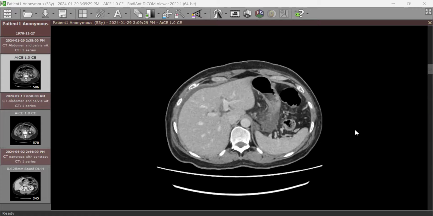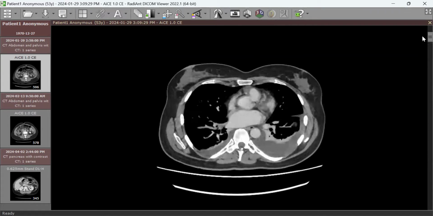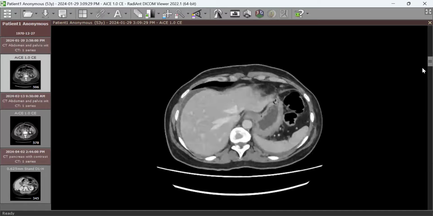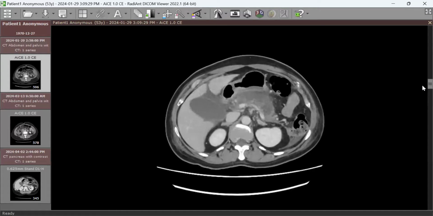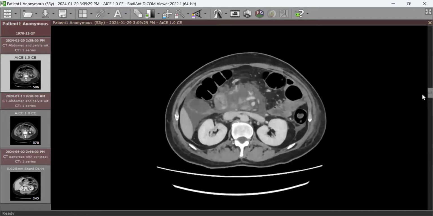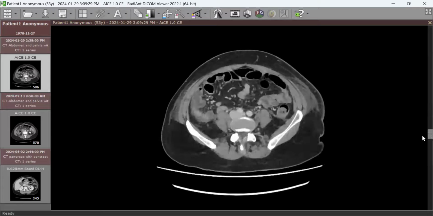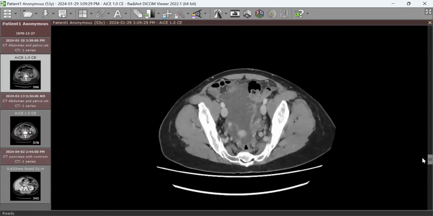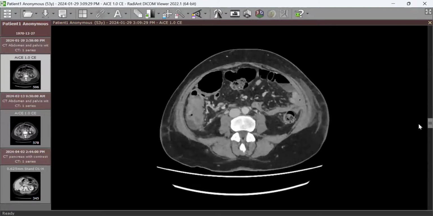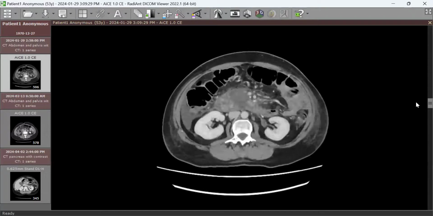So please, doctor, have a look at this CT scan, and I'll give you some information regarding the patient. She is a 53-year-old female patient, has a few days of epigastric pain. There is other information related to history, but if I give it to you, it is enough for diagnosis, even without radiology, actually.